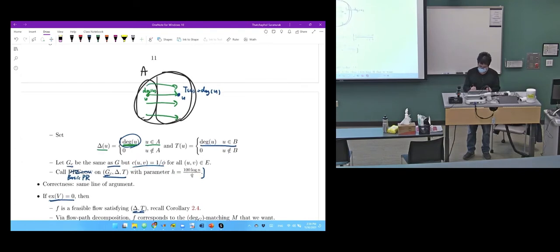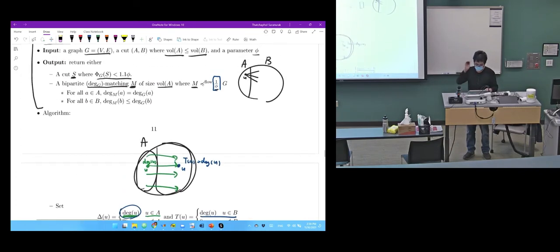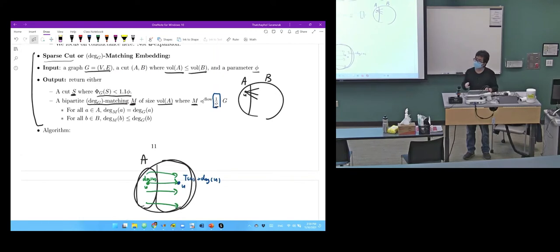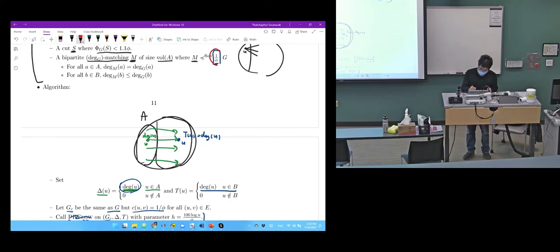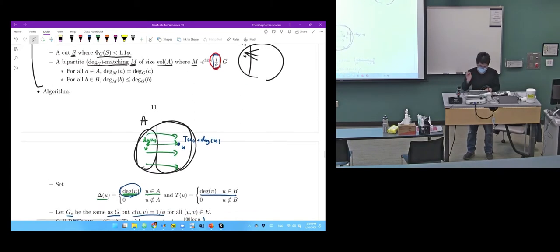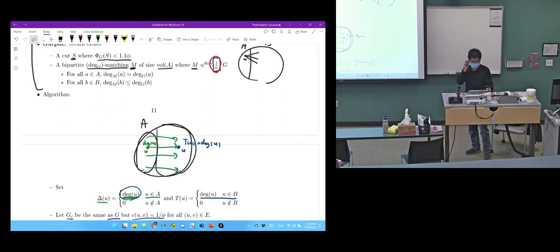Not sure if I understand the question. So we want to embed a matching with... I see. Is there any intuition for that 1/5 there? Yeah. So let's see.